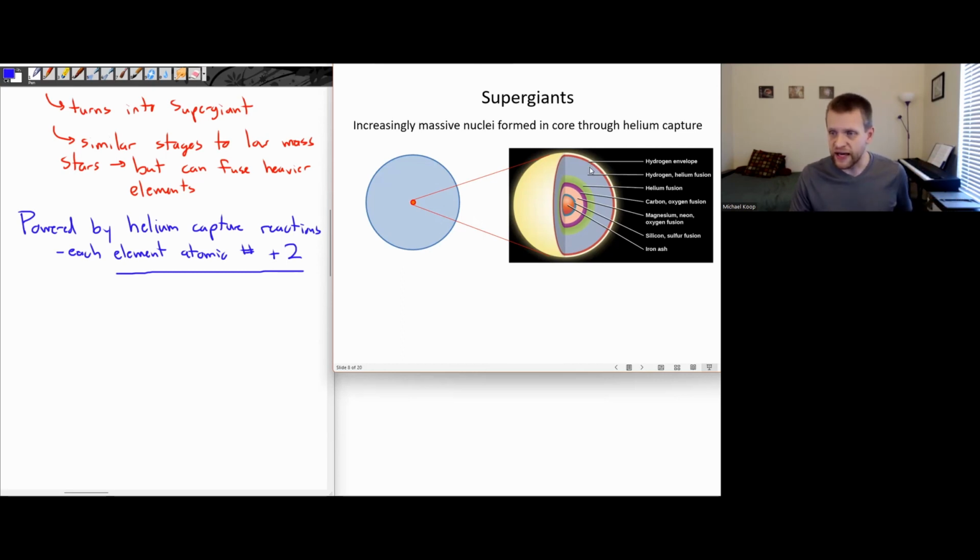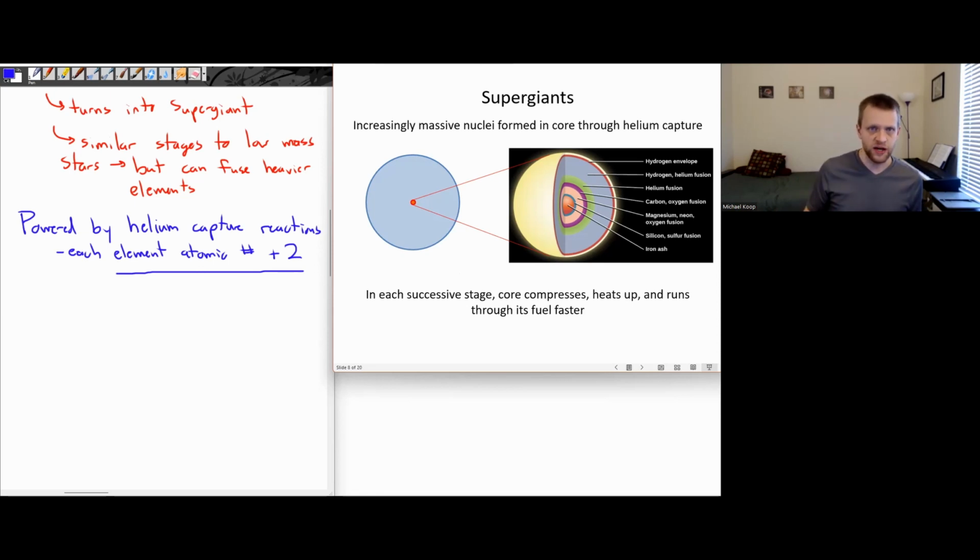But then we've got a hydrogen fusing shell, a helium fusing shell, a carbon fusing shell, an oxygen fusing shell. And as we go further and further into the star, we get more and more heavy elements. And in each of these stages, the core compresses, heats up, and runs through its remaining fuel faster.